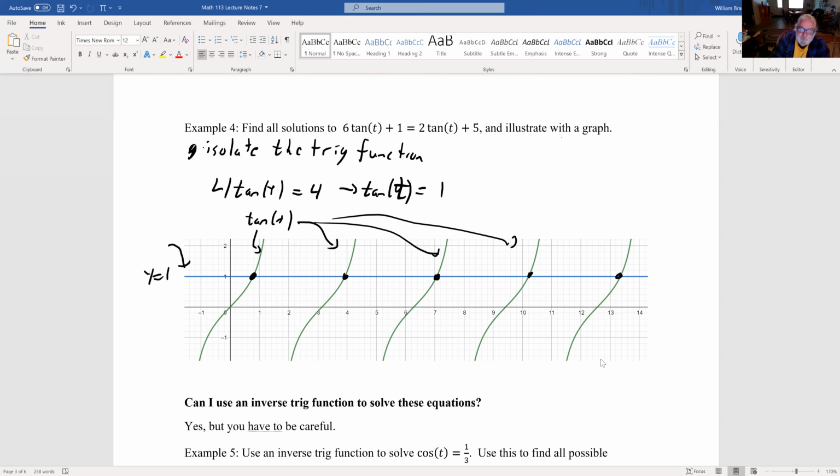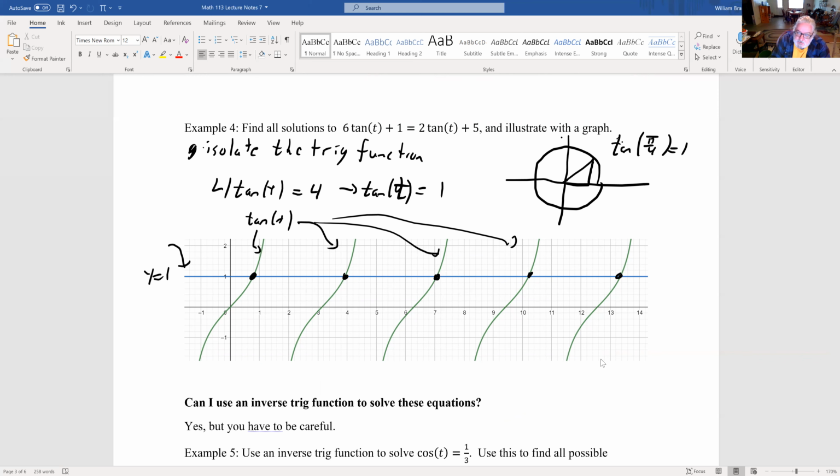We know that if I have a 45, 45, 90 triangle, then the two sides here are the same length. They're both 1 over square root of 2. So tangent of pi over 4 equals 1.